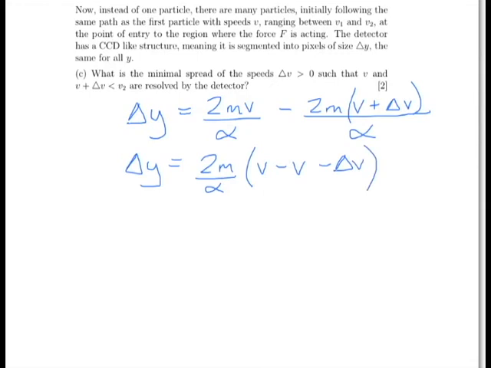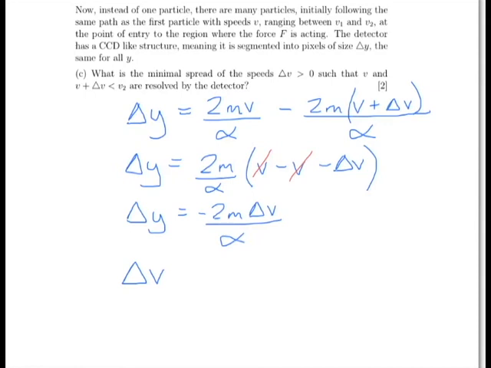We can now cancel our v's here, which leaves us with delta y equals minus 2m delta v divided by alpha, and we want to find delta v. We want to find what this smallest delta v is that will allow us to have a delta y large enough to see it on two separate pixels.